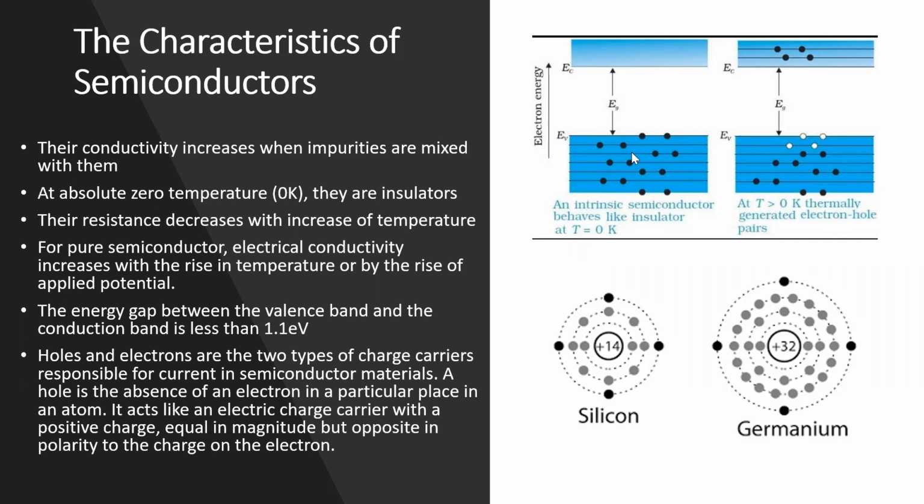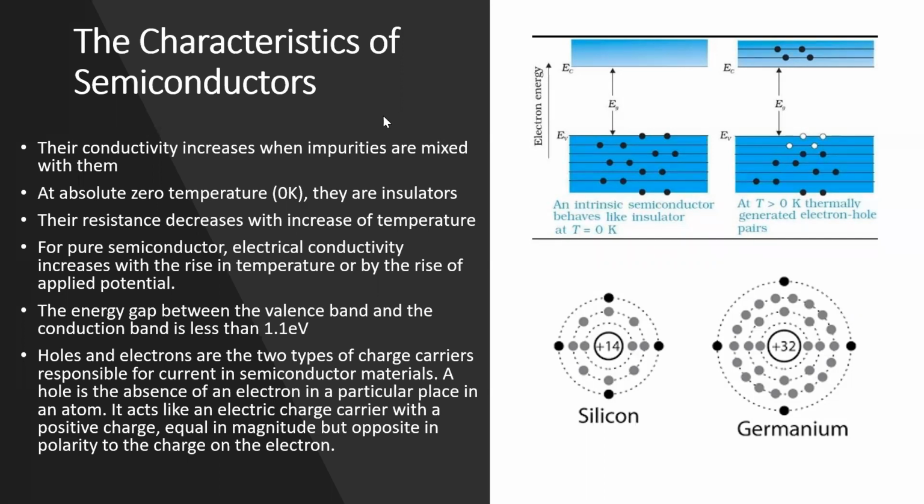the valence band. In the last class, we saw that there is a small gap between the valence band and conduction band of a semiconductor. And this band gap or forbidden energy band is less than 1.1 electron volt.